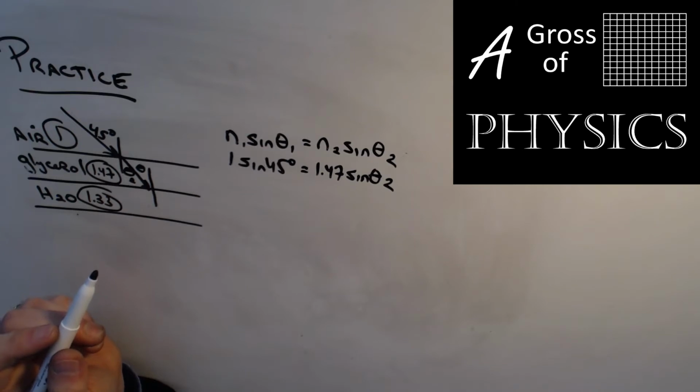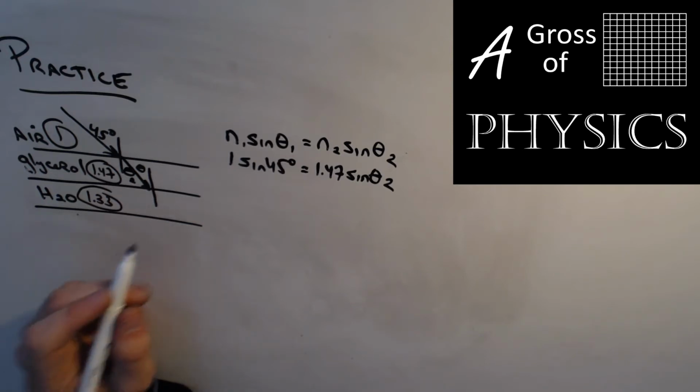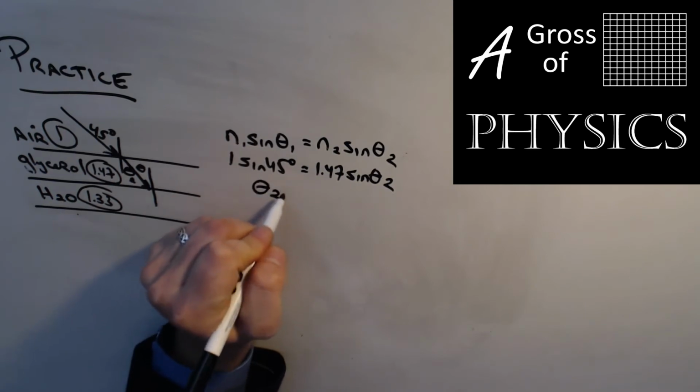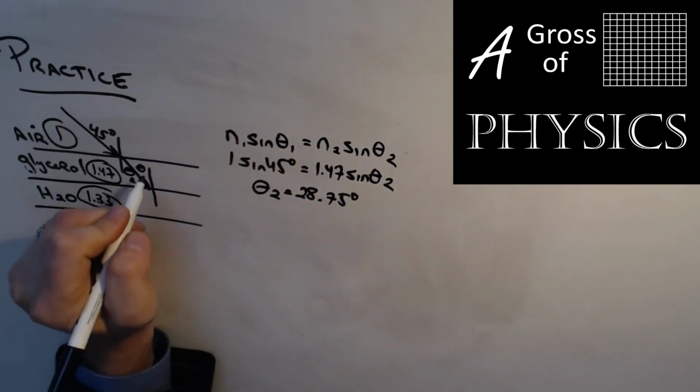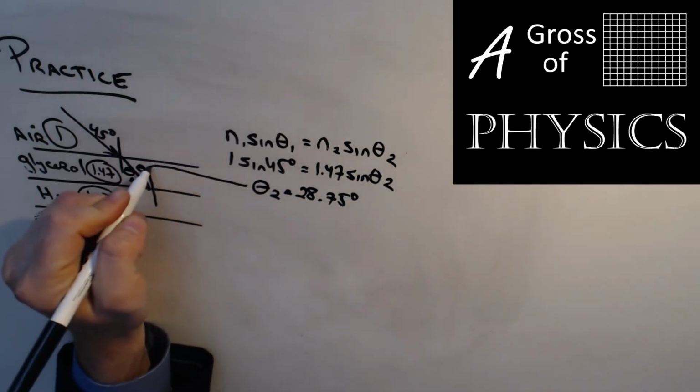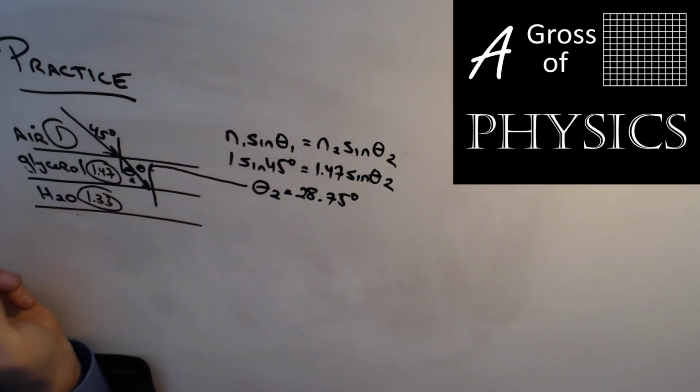So sine 45 divided by 1.47, second sine, second answer, we have 28.75 degrees. Now that's the same angle that it's going to hit the glycerol water boundary.